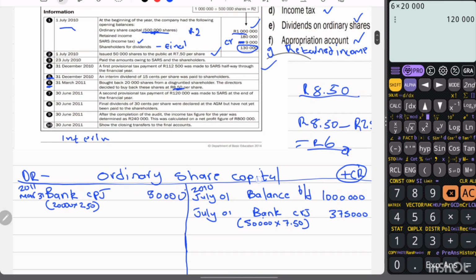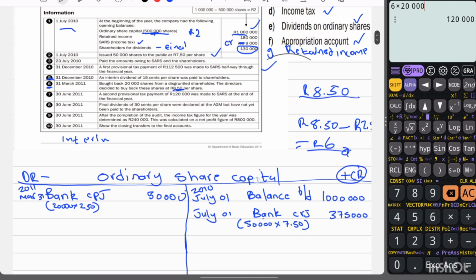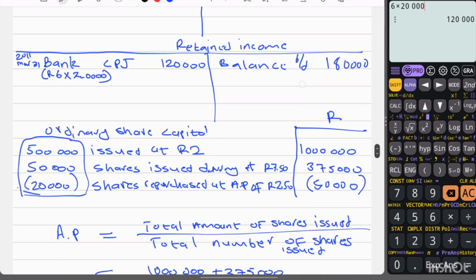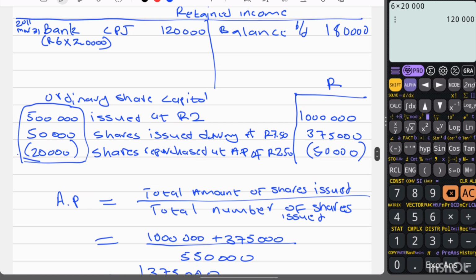Now let's go and check the date. By the time we were paying the interim dividend, how many shares did we have in the company? When we go to our ordinary share capital, this one was on 1 July 2010, and even this one was on 1 July 2010.